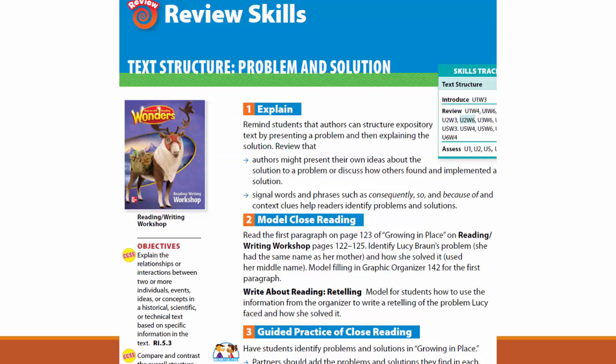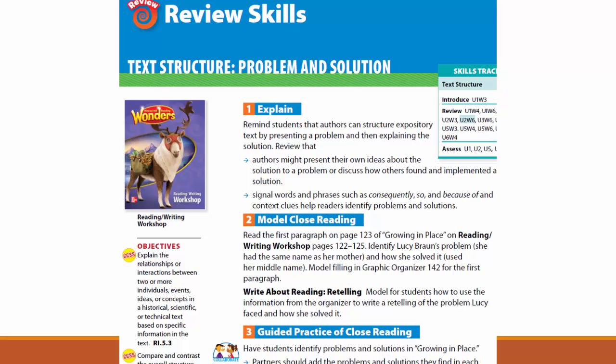This is something you may have seen, but I found this when I was looking through the online section, and I wanted to call your attention to it if you haven't been using it. And that is, first of all, that at the end of every unit, there's a skill review page. And we know that this one had focused heavily on text structure, mainly problem and solution.